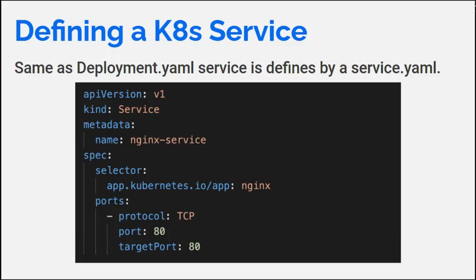The port is the port which will be exposed, like what will be shown to us using the service. So in this case, it's a cluster IP, which will be an internal IP, and port 80 will be there. The traffic coming to this service's port 80 will be directed to the container's port 80. Okay, right? And that is basically it for the services.